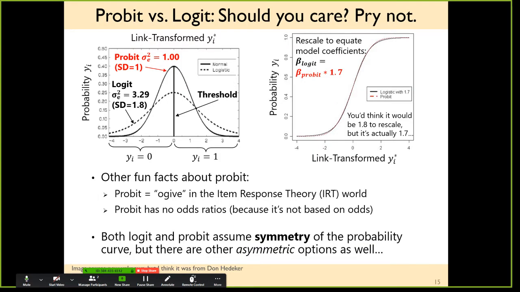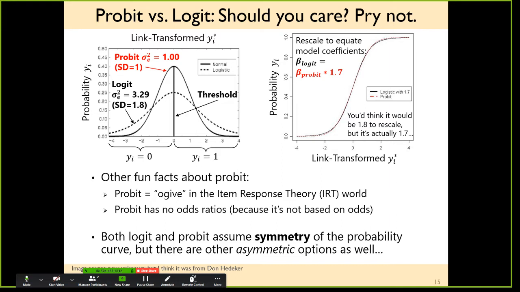The difference between probit and logit lies in the presumed distribution of the continuous underlying response that created your observed binary variable.